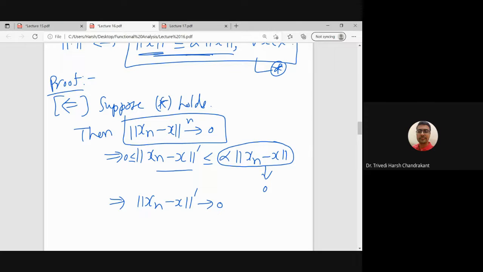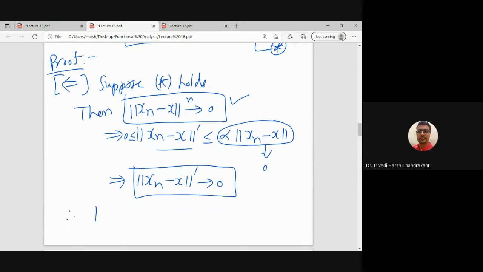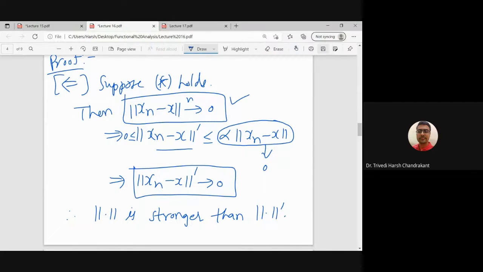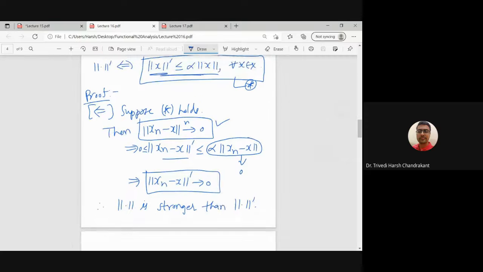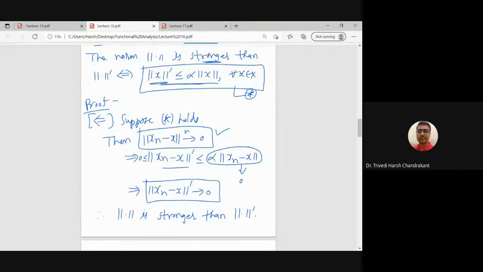So starting with this condition, we got the other condition of strongness. Therefore the first norm is stronger than the second norm. We just used the star condition and the convergence of the sequence.